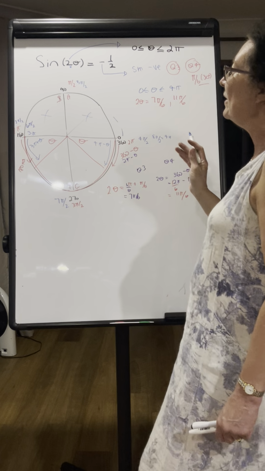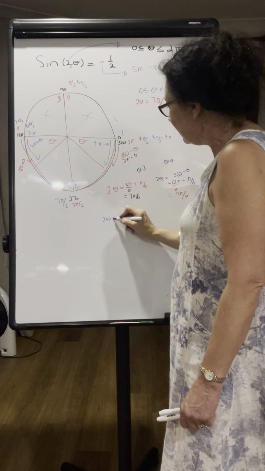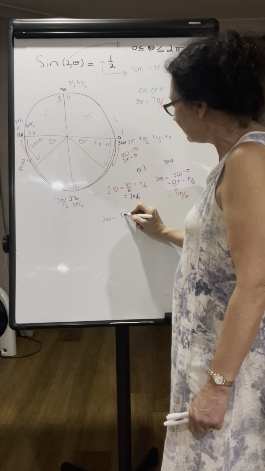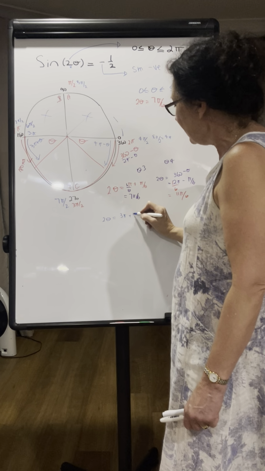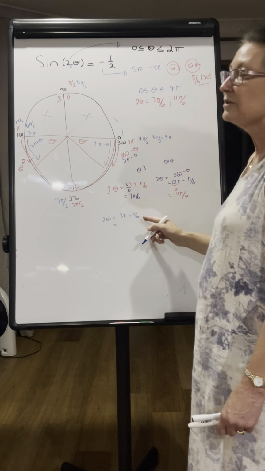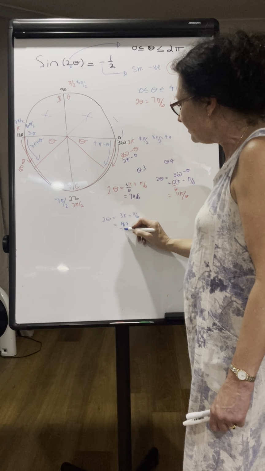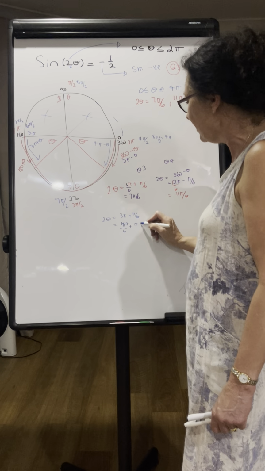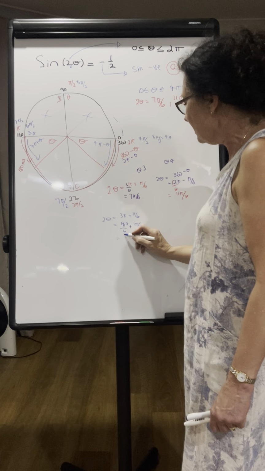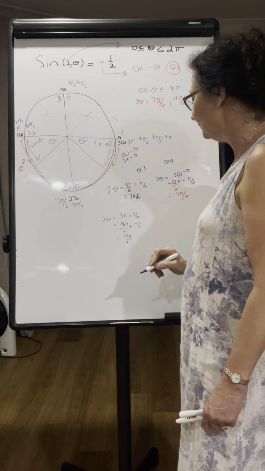So going around from 2 pi to 4 pi, I get that 2 theta is equal to 3 pi plus pi over 6. Now 3 pi, if I make it a denominator of 6, will be 18 pi over 6 plus pi over 6, which is 19 pi over 6.